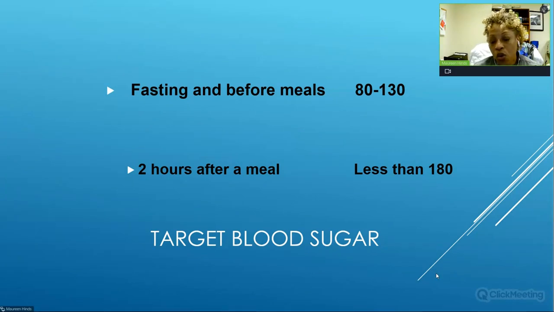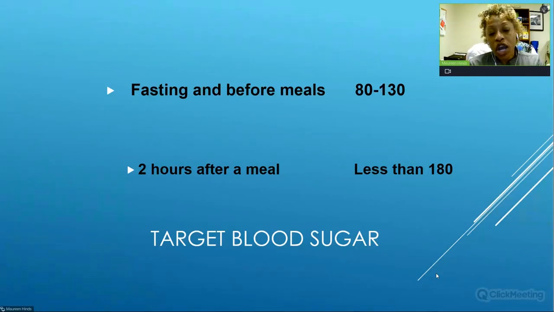If it's too low, if it's less than 80, you took your medication, but you probably didn't eat as much, or you didn't eat at all, or maybe you exercised and you didn't compensate a little bit more. So that gives you an idea as to how well you're sticking to target based on these ranges. So 80 to 130 before breakfast, lunch, and dinner.